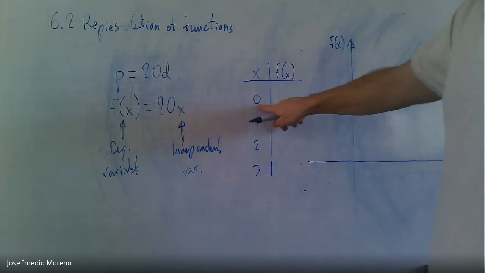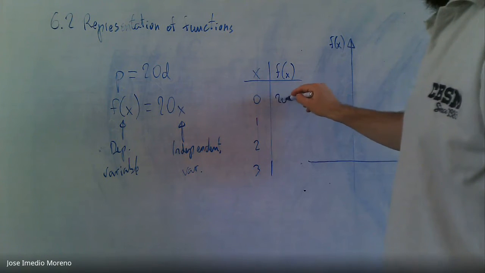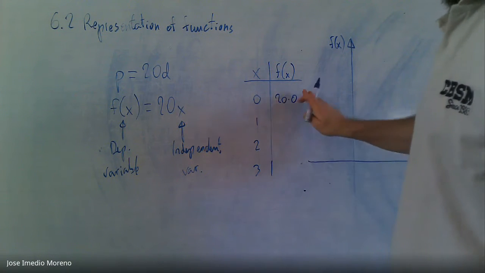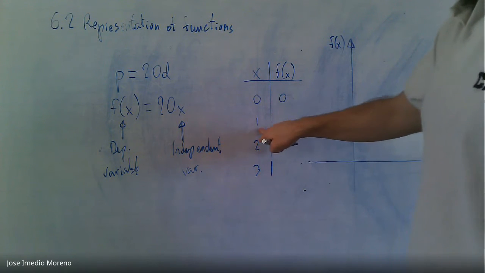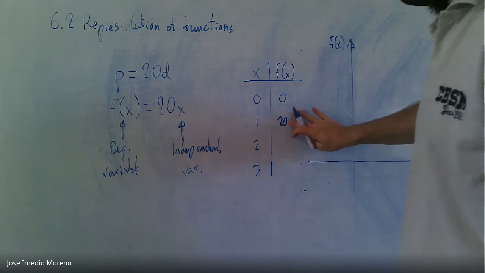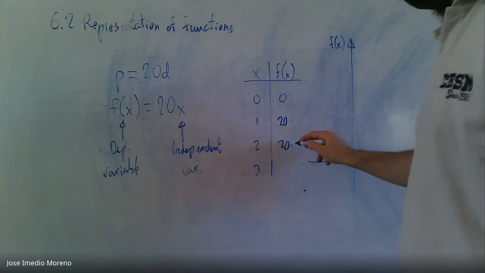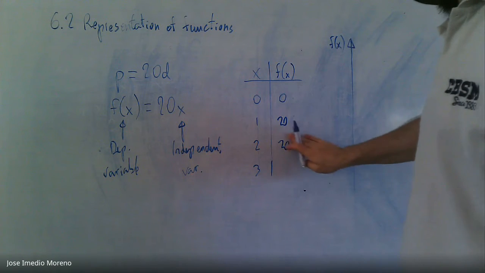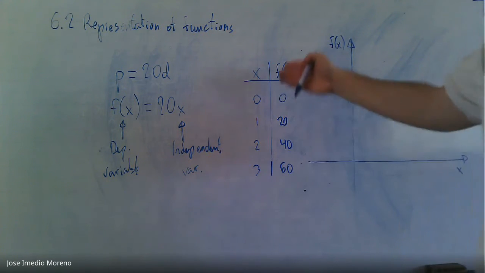So if x equals 0, f of x is 20 times 0, so it's 0. If x is 1, f of x is 20 times 1, so it's 20. If x is 2, f of x is 20 times 2, which is 40. And then this is 60 and so on.